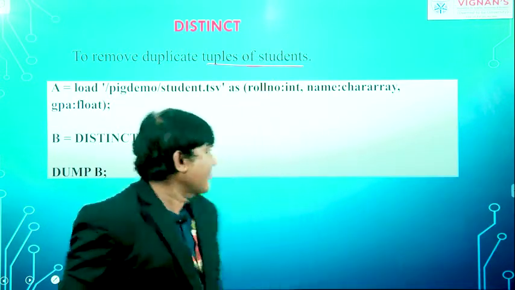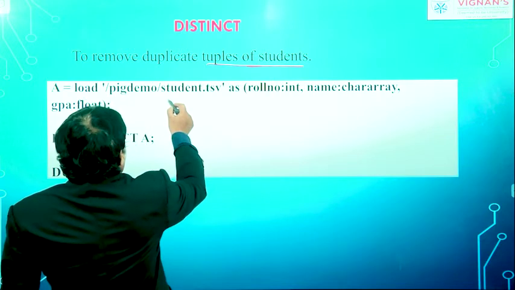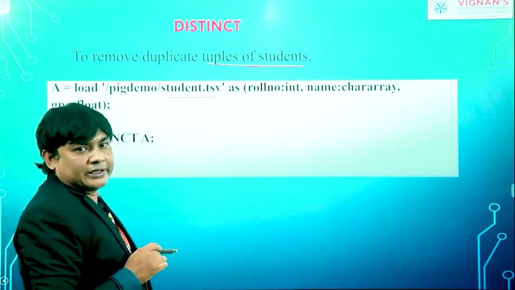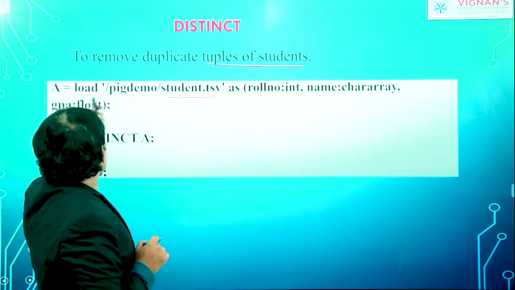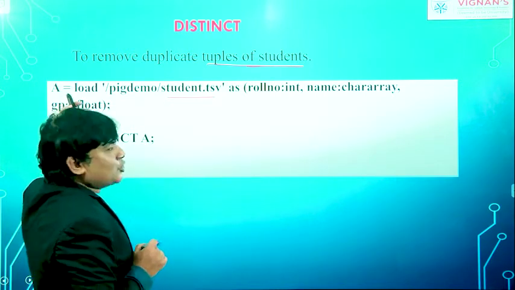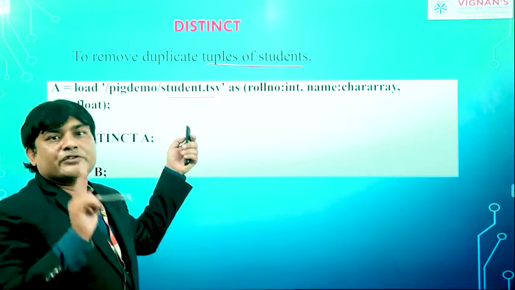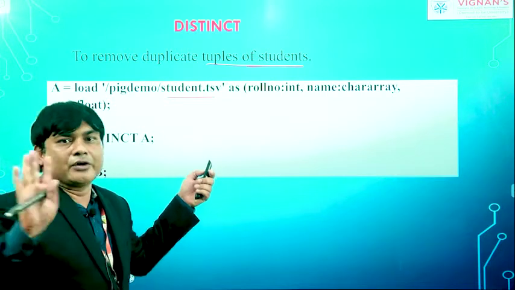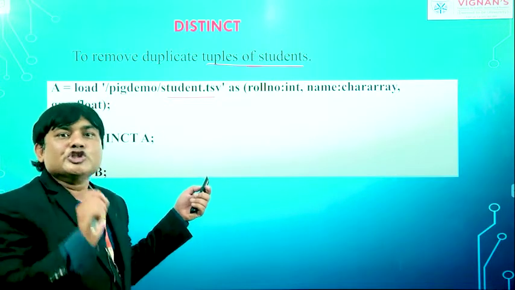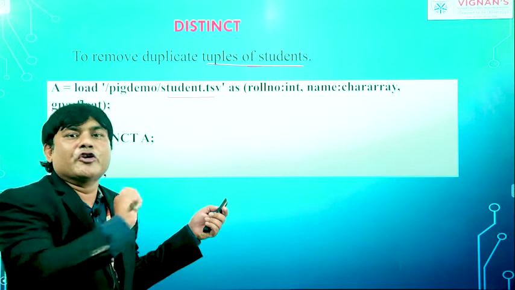Same here, we have relations. You are loading the same student data into relation A, and I am writing B equals distinct A. Distinct A means if you have a duplicate record in A, it will be eliminated. It will never display a duplicate record, only unique records.